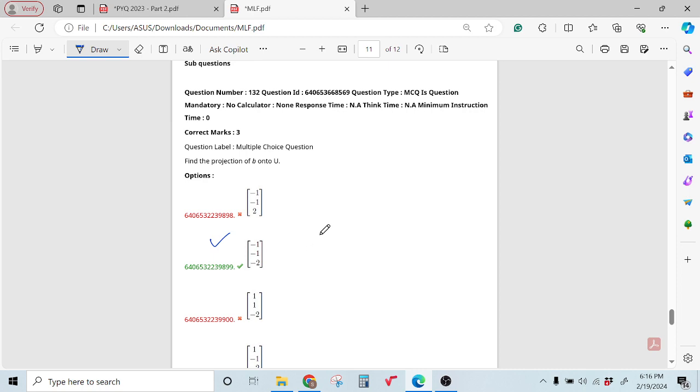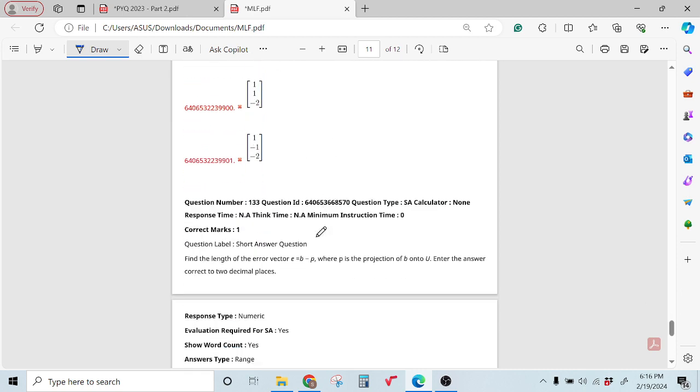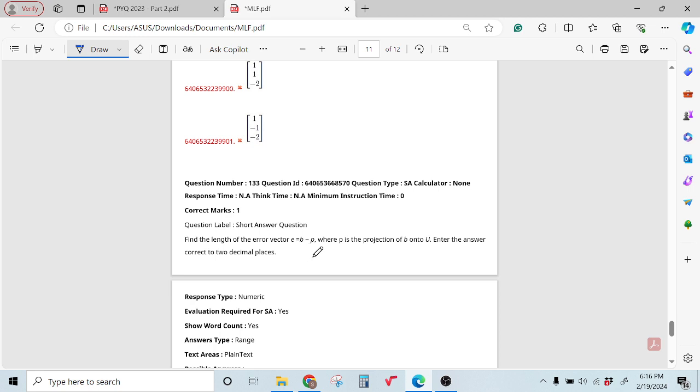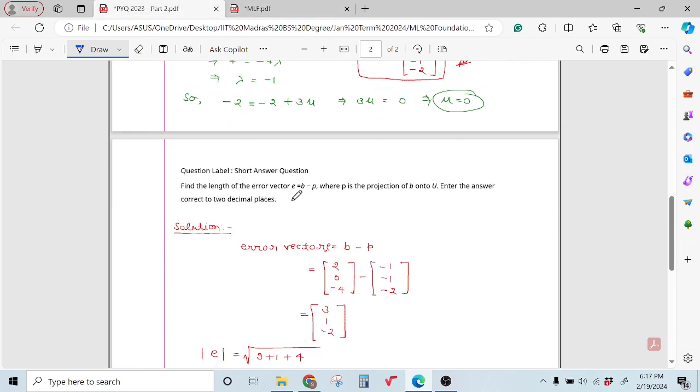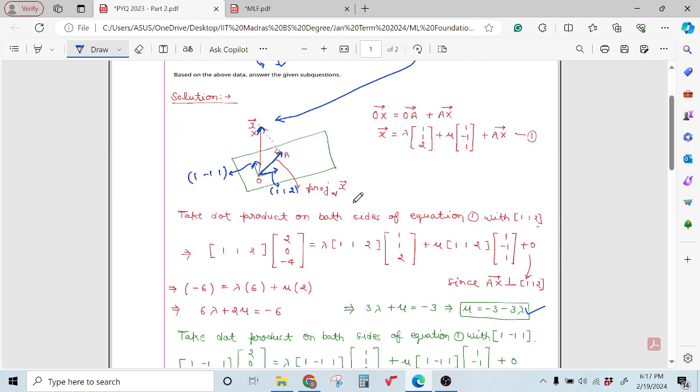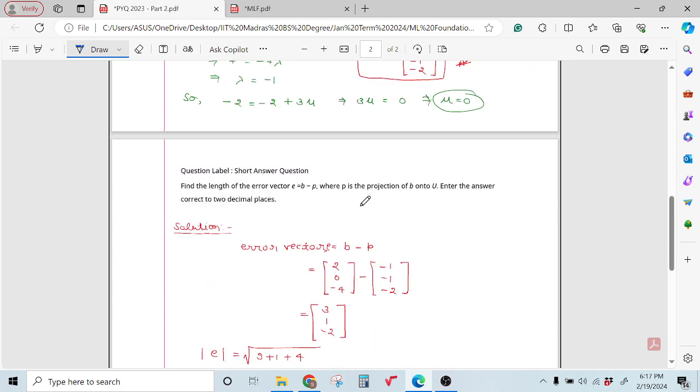Okay, and one more question is there: find the length of the error vector E, which is B minus P, where P is the projection of B onto U. So we can easily find this as well. The error is nothing but B minus P, this x vector minus the projection.